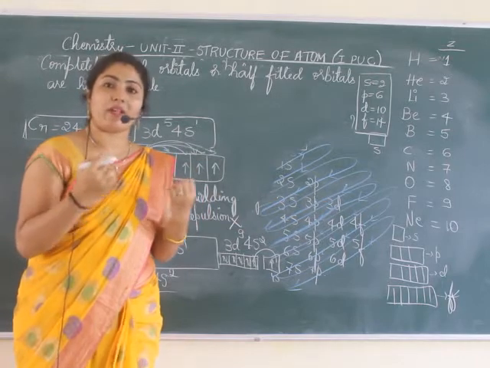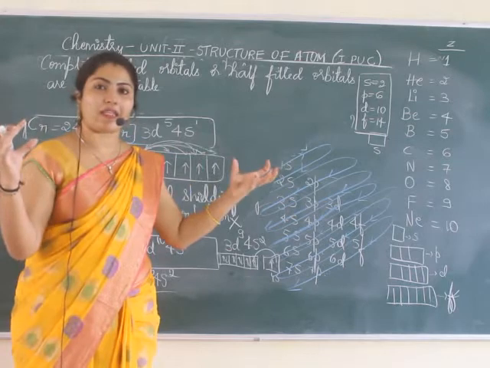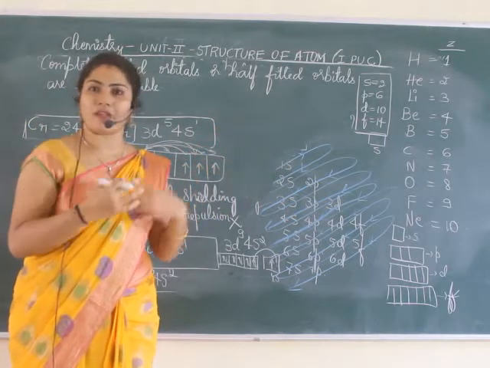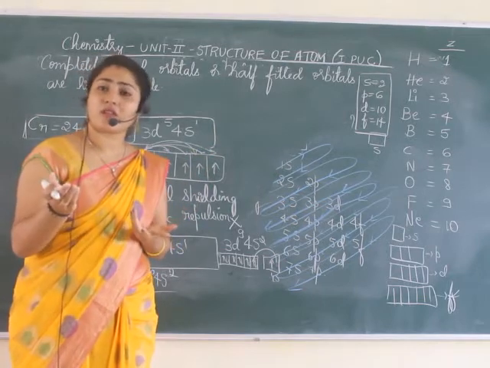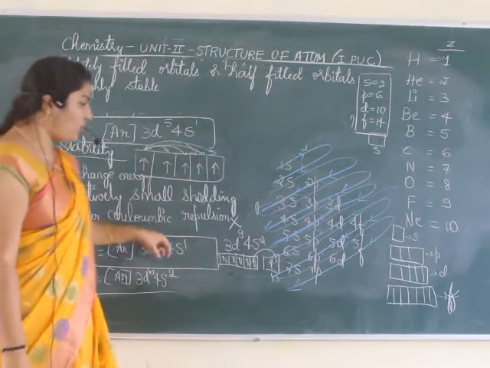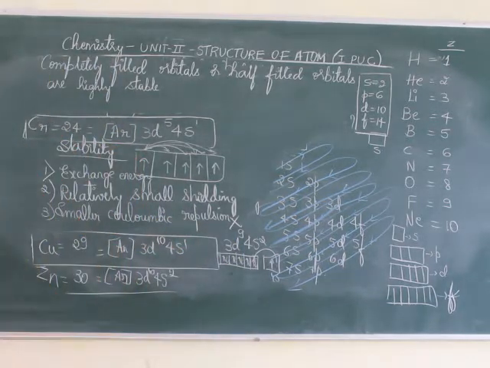So we say Coulombic repulsion will be more. But if they are placed in such a way that, if the arrangement is such a way that they are at a good distance from one another, then the Coulombic repulsion will be slightly less. And that is why smaller the Coulombic repulsion, greater will be the stability.